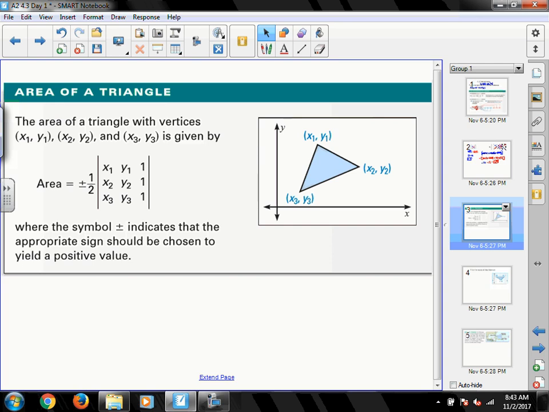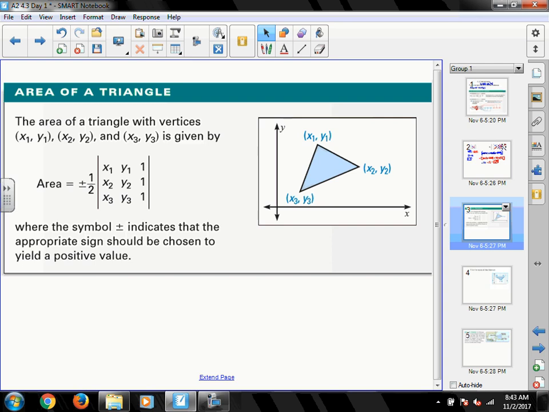You can actually use the determinant to calculate the area of a triangle. If your triangle is on a grid, your XY plane that you guys graph on, your vertices, the corners of your triangles, are going to be at ordered pair points.